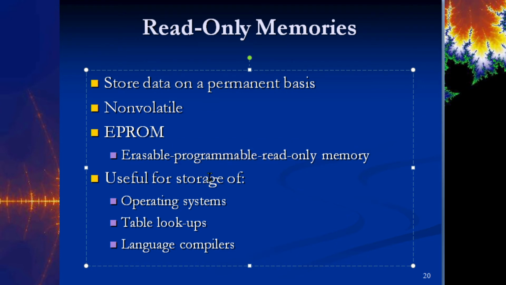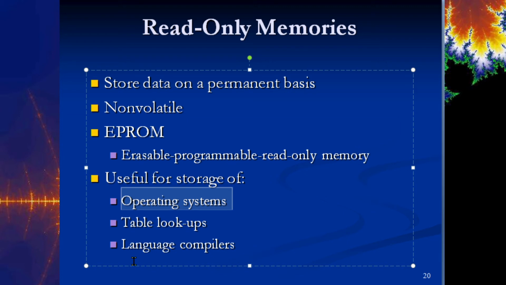Okay, so it depends on what you're doing. This is not the type of memory where you want to write and rewrite over large blocks of information. This is kind of more permanent storage, so you don't want it to be changing very often. So, operating systems.